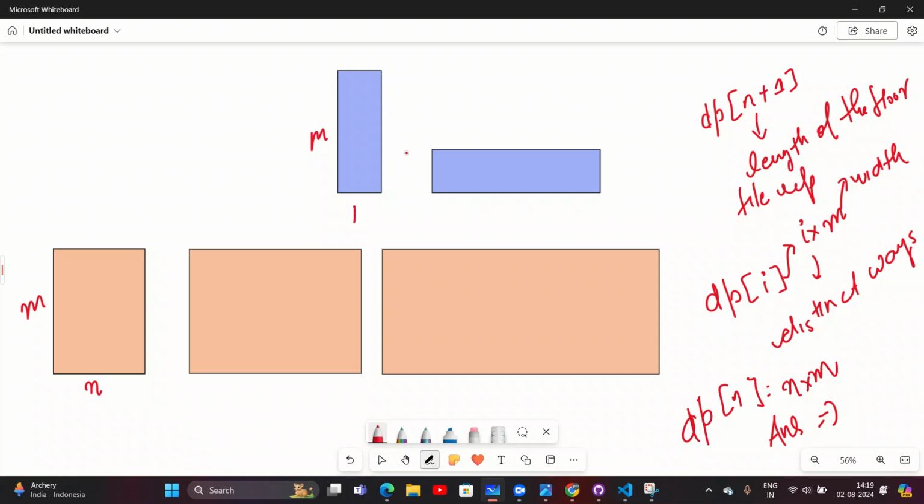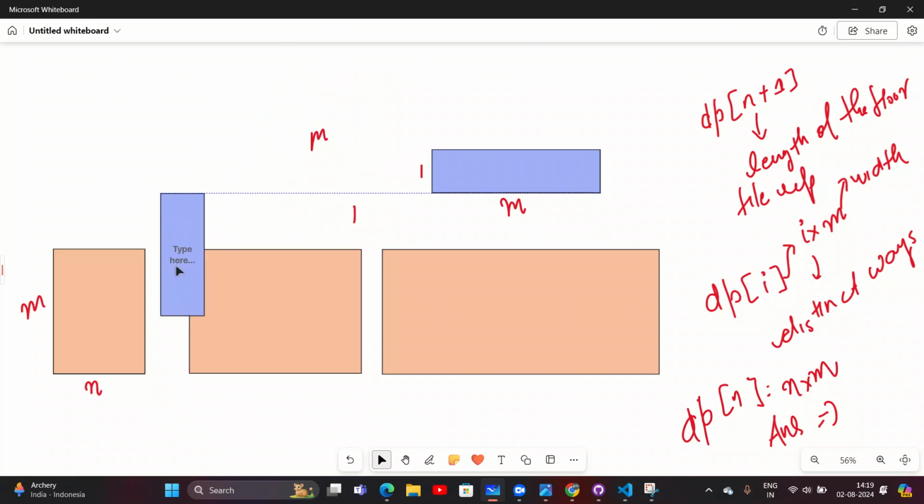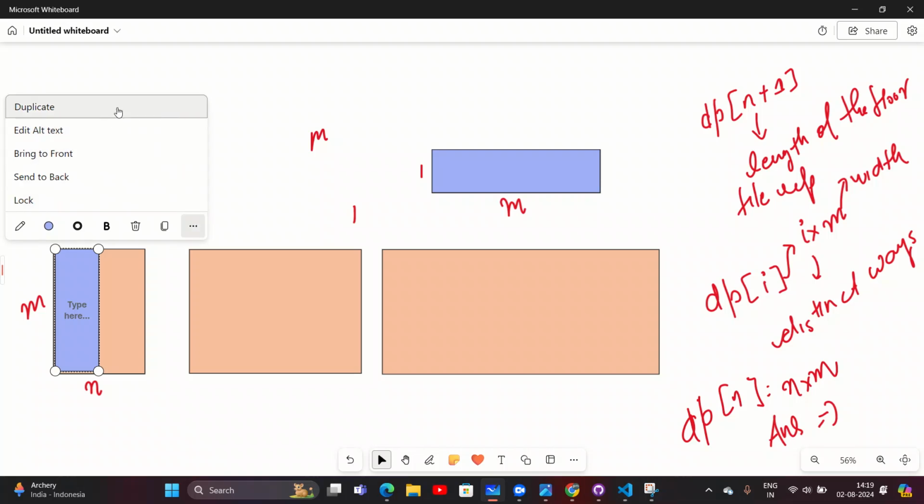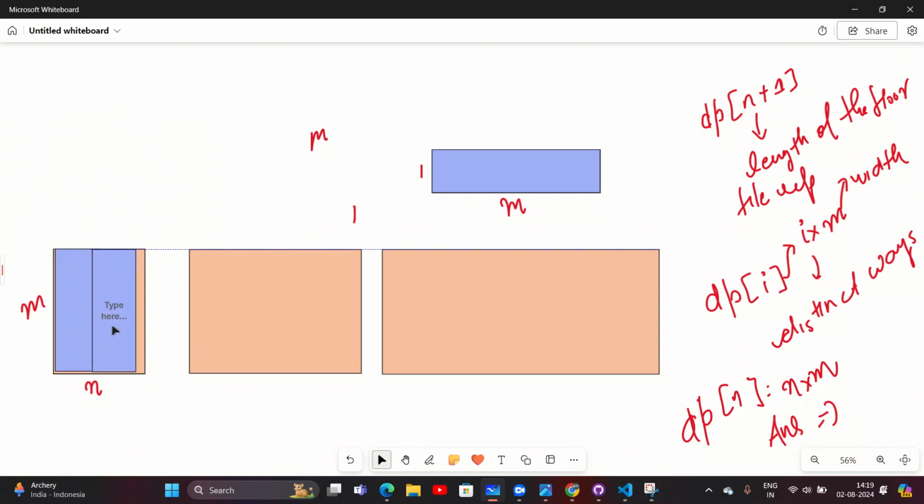It is in a horizontal fashion, and this is in a vertical fashion. Now what will happen if we try to place this tile on our floor? If we place our tile in a vertical fashion, definitely it is going to cover our entire floor. So there can be one possible way.